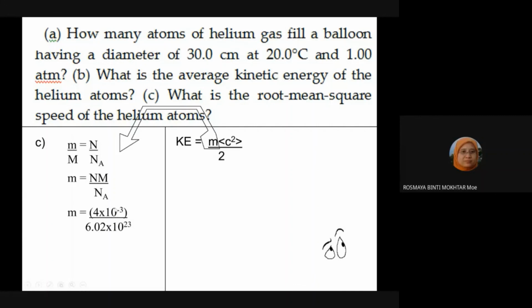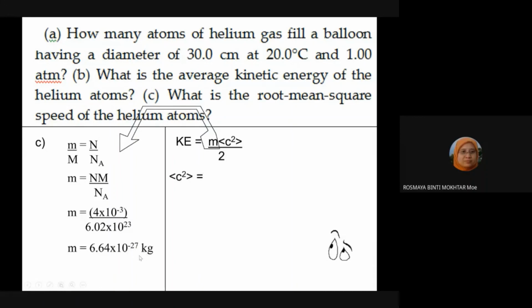Convert to kilogram, it becomes 4 times 10 to the power of negative 3 kilogram. The Avogadro number, for 1 mole, the number of molecules is 6.02 times 10 to the power of 23. We can cancel out the mole and get the mass in kilogram. So the mass for one molecule is 6.64 times 10 to the power of negative 27 kilogram.